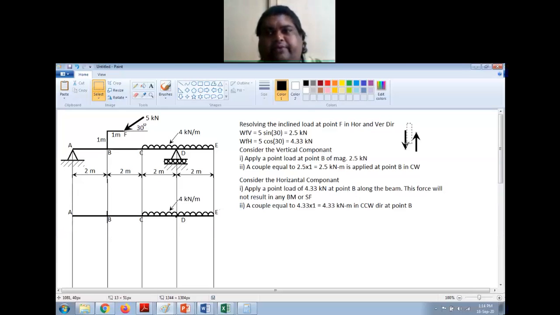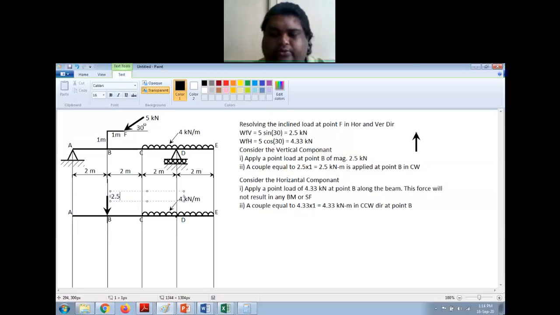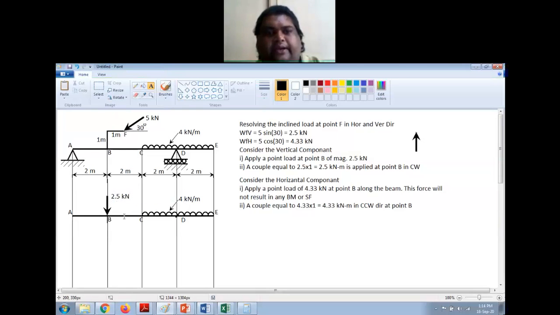Now I have a vertical force. So I will apply this vertical force at point B, and the magnitude of that vertical force is 2.5 kilonewton. So here it is 2.5 kilonewton, and you have a couple acting at this point.